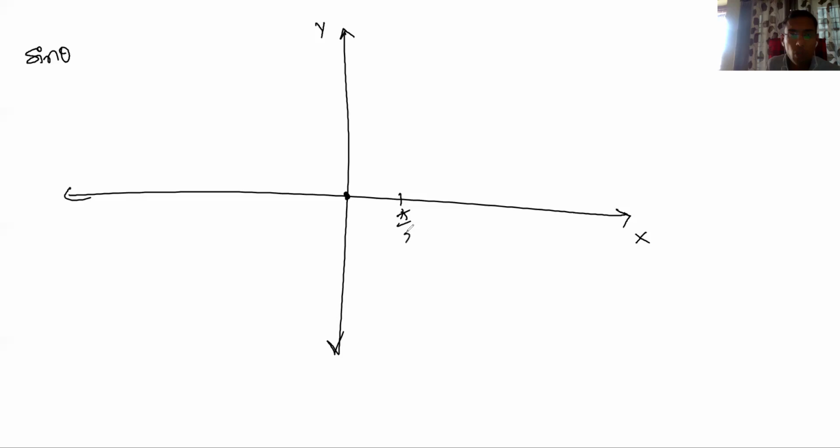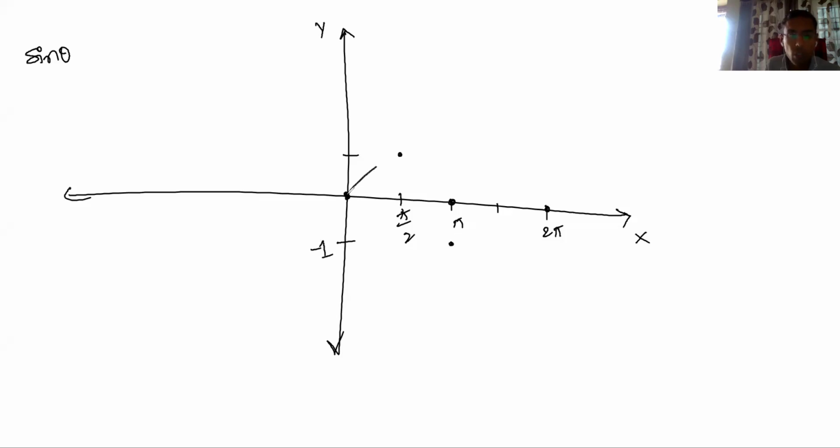For pi by 2 it is 1. For pi it is again 0. For 2 pi it is again 0. For 3 pi by 2 it is minus 1. So minus 1 is here.